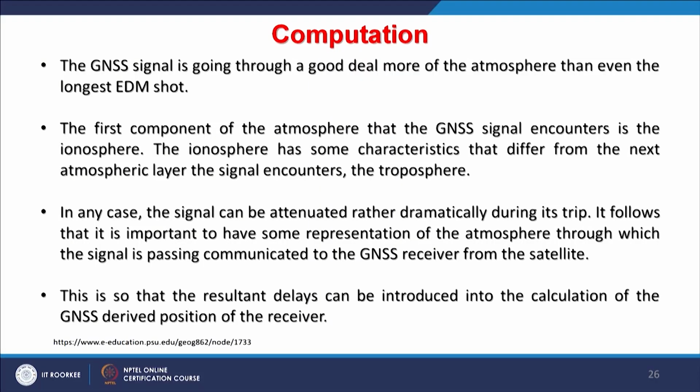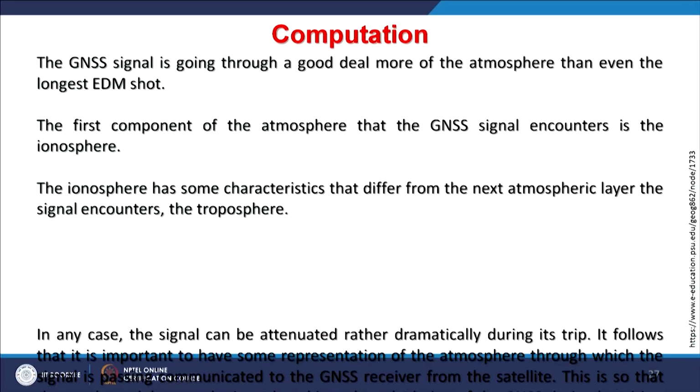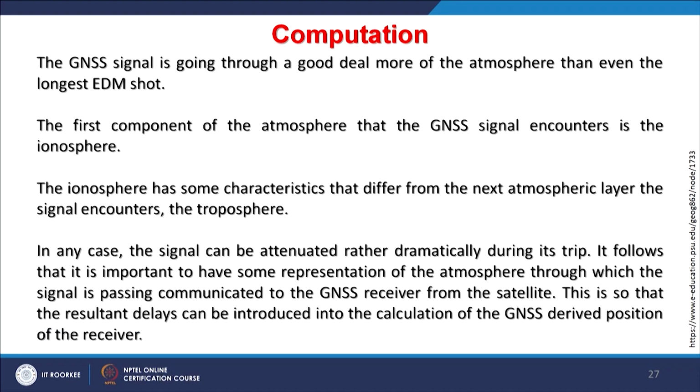And these delays can be introduced in the calculation through these models, as I have mentioned, to get a better position. As mentioned, GNSS receivers face more atmospheric layers as compared to EDM or total stations, and this is a big issue here.